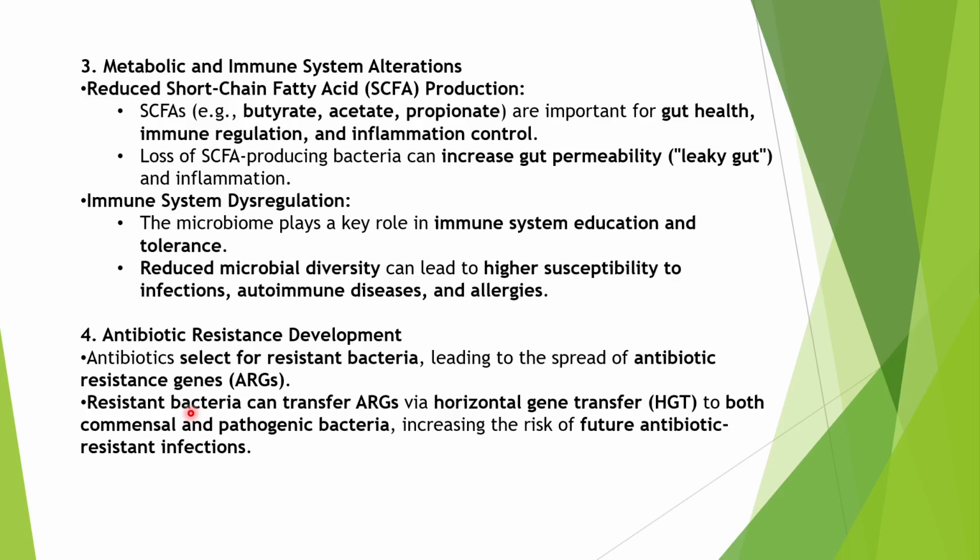Now, if your body has pathogenic bacteria also, and this gene transfer has occurred to a particular pathogenic bacteria which is known to be susceptible to a particular antibiotic, say a pathogen is susceptible to antibiotic A. But due to this horizontal gene transfer, now this pathogenic bacteria has a gene which helps it resist this antibiotic A. So now when this antibiotic A is given as treatment against this particular bacteria, it will not work. It will not help eliminate this bacteria.